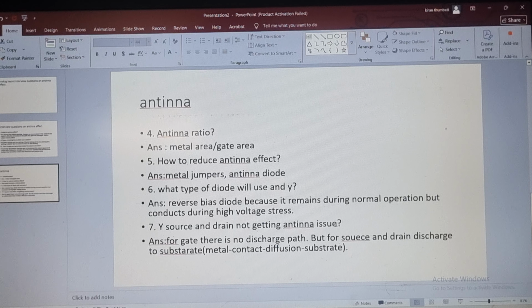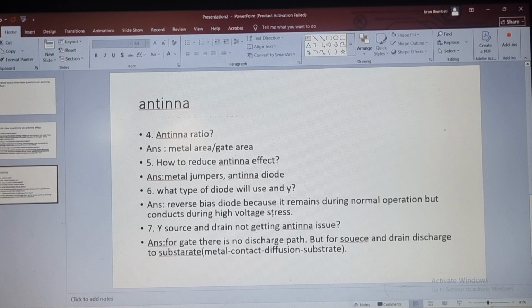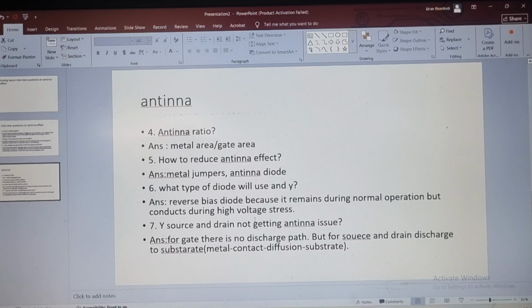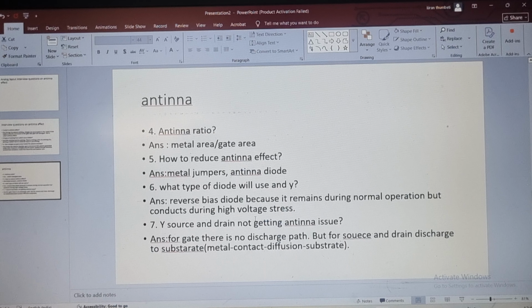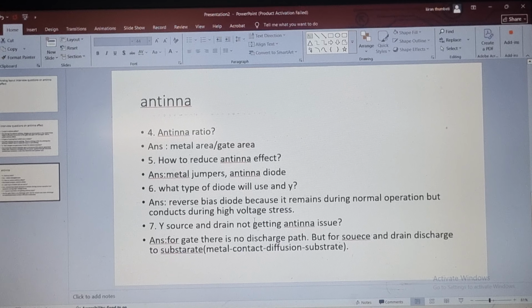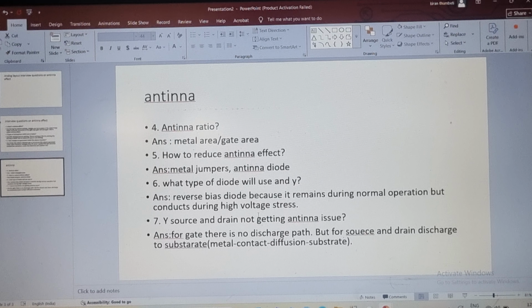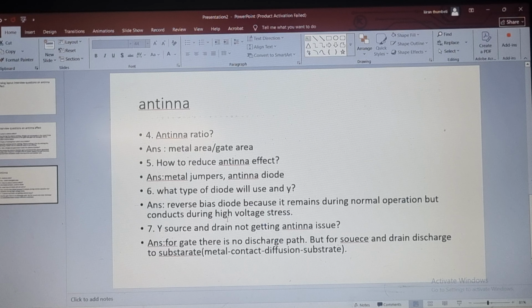It conducts only during high voltage stress. If that metal gets high voltage, only then the reverse bias diode conducts. A forward bias diode will always conduct, but a reverse bias diode won't conduct in normal operation. If everything is smooth, it won't conduct, but if you increase the voltage, or charges are more, only then the reverse bias diode conducts. That's why we use a reverse bias diode here.